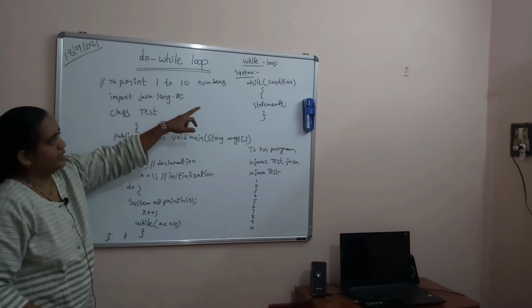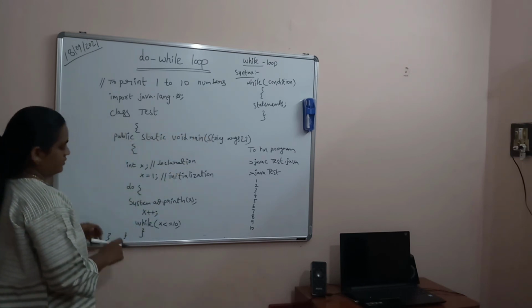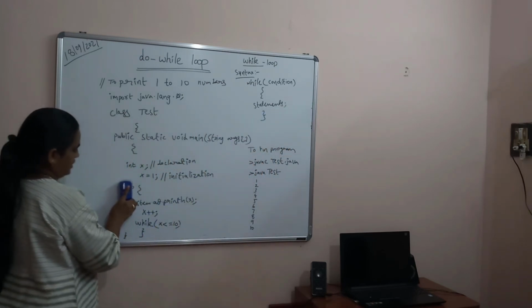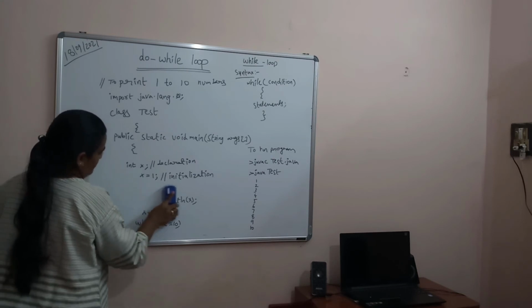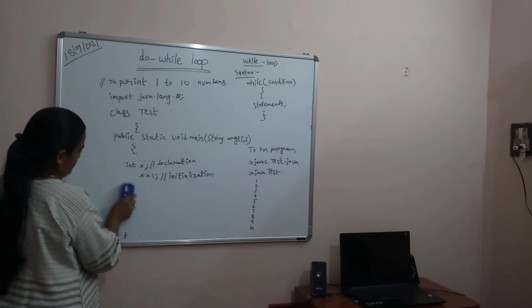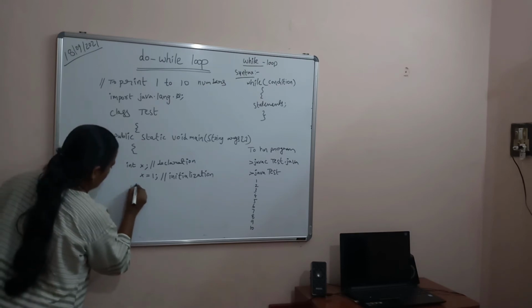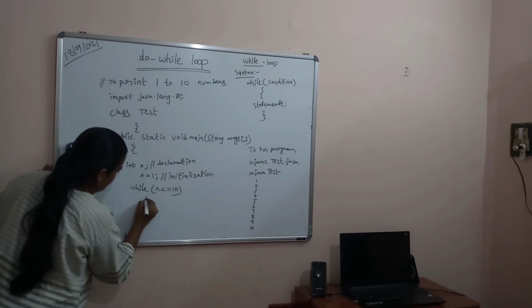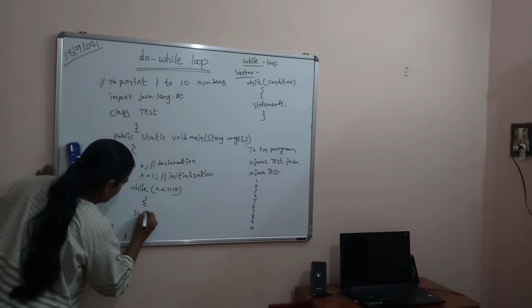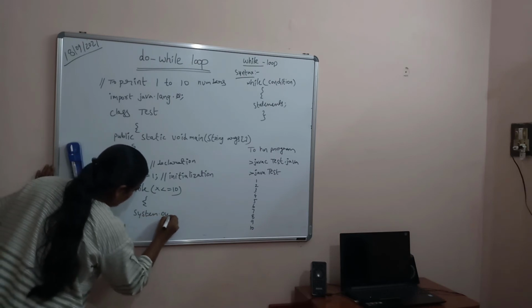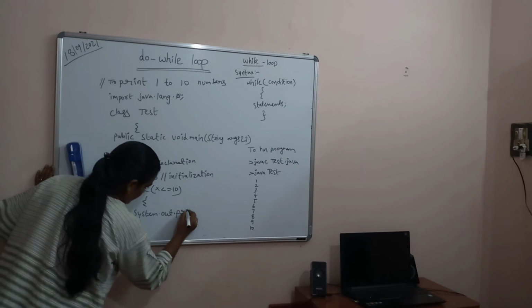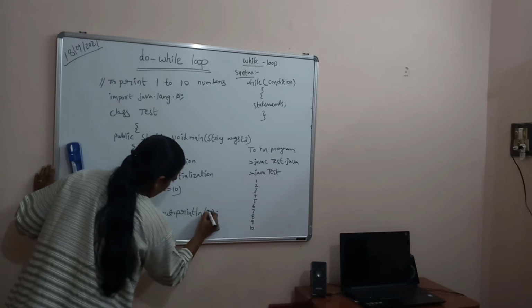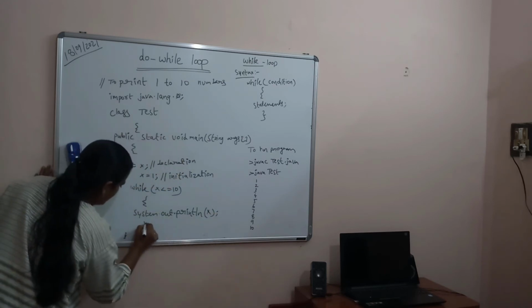Now I replace the do while loop with a while loop. Where I need the block of code, this. While x less than or equal to 10, then System.out.println of x plus plus.